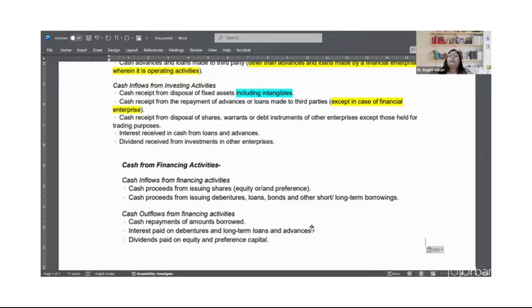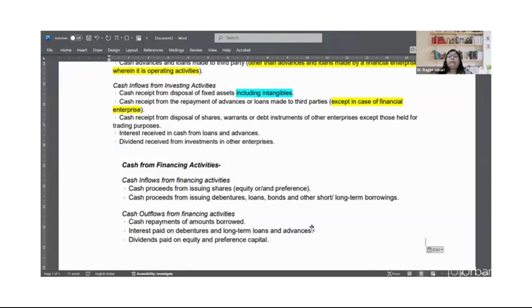So that is a major source of cash inflow from financing activity. Apart from this, the company issues debentures also. Then the company goes in for taking loans, that is borrowings or bonds, or any other short or long term borrowing. So borrowing is also another option.